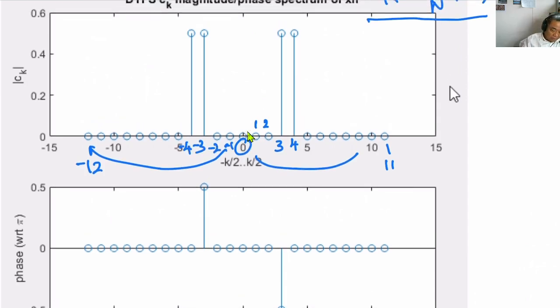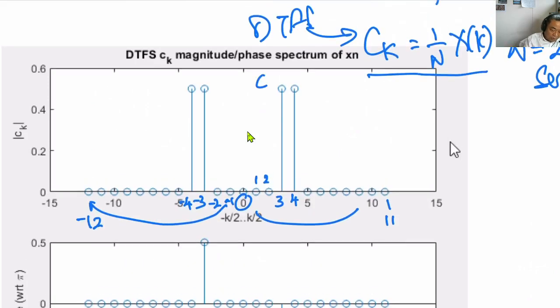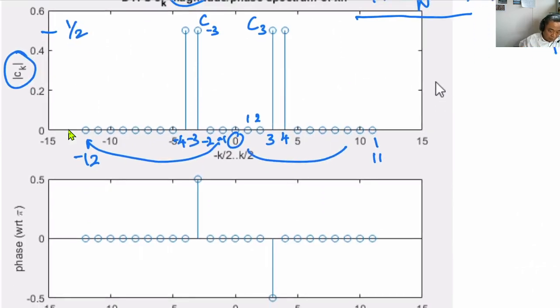So this is C3, this is C minus 3, and we are plotting the magnitude here on the top. The magnitude is half. The only difference between them is the phase shift. So we have 0 here, 1, 2, this is 3, and this is minus 3.